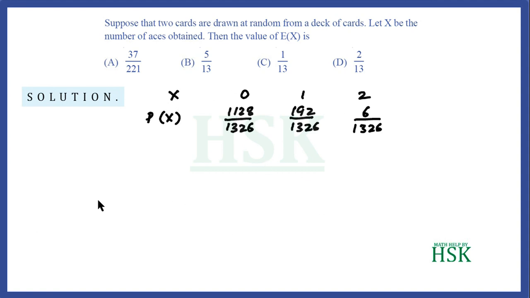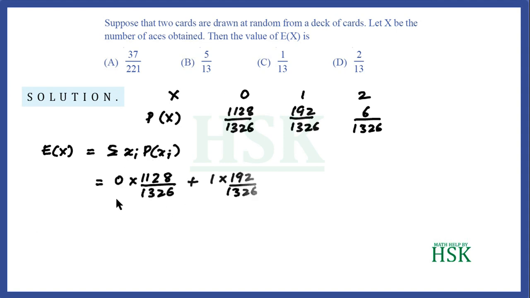We need to calculate the expectation of X, which is the summation of xi into P(xi), that is, the total of the product of the random variable and its probability.